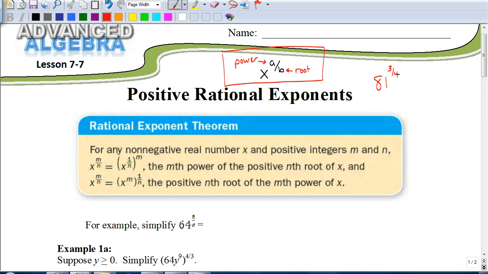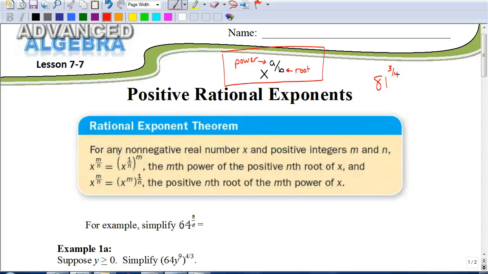Well, there's two ways that we could go about doing this, and that's what's described in this box. Now, I'll hold off on writing anything right now, because let's talk about this for a second. We have a root and we have a power here. The denominator represents the fact that we're going to have to take the fourth root. The numerator represents the fact that we're going to have to take the third power.